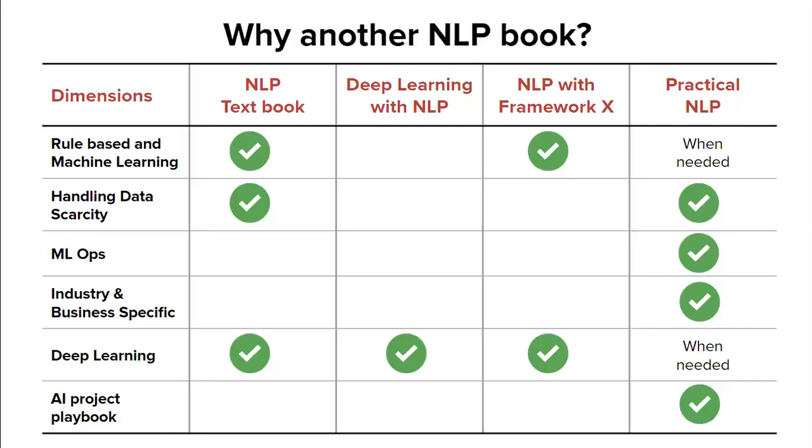However, the only difference in our view is that we are not particularly married to one idea of, we should only use deep learning for everything, or we should only use rule-based systems for everything. We use each of them when needed, depending on the problem at hand. So this is how we would like to distinguish ourselves from other available NLP books.